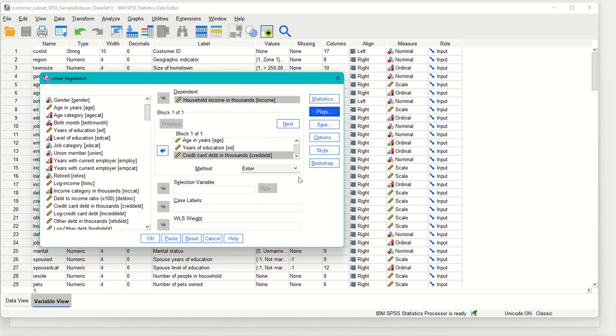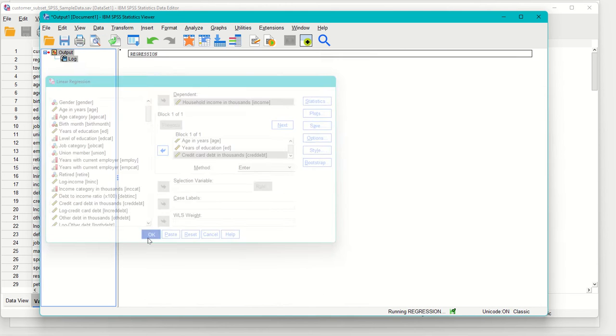And for our analysis, we're just going to use the regular linear regression. This would allow you to use other types of regression models, but ours is just going to be the standard. And so we'll select OK.